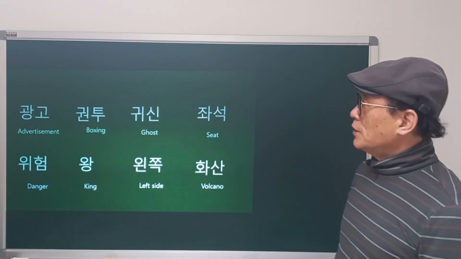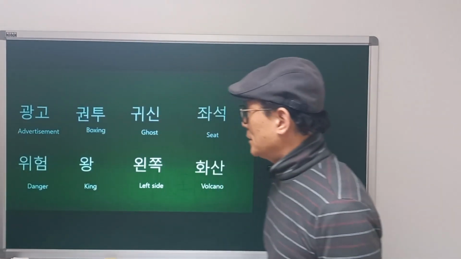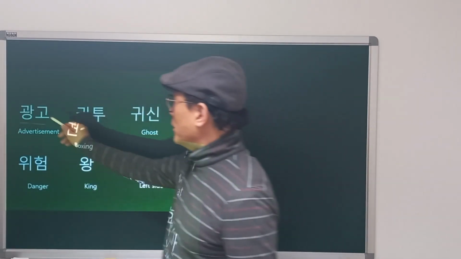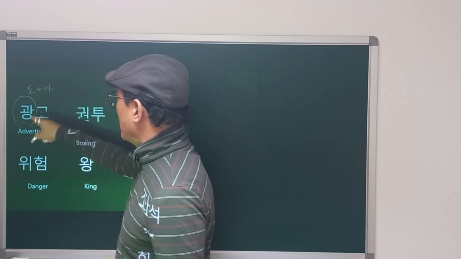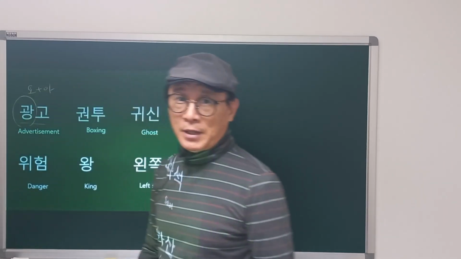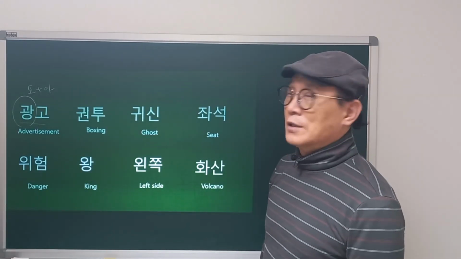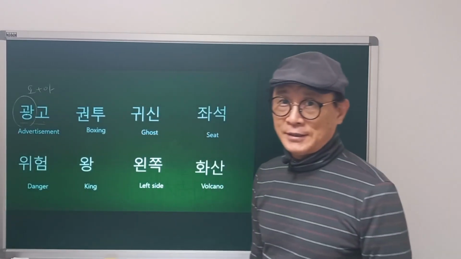Okay, so first you need to locate where the combined vowel is. For example, this word, 광고. Here, this word, O plus A. O plus A, combined vowel, right? So how do you read that one? 광고, like that.